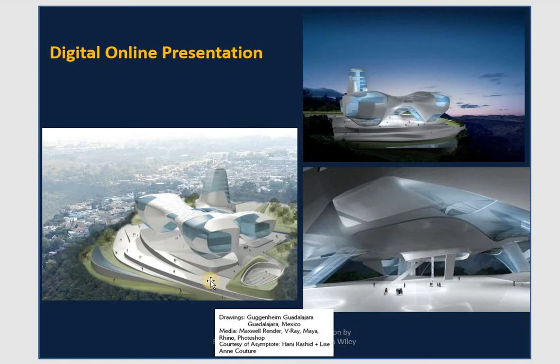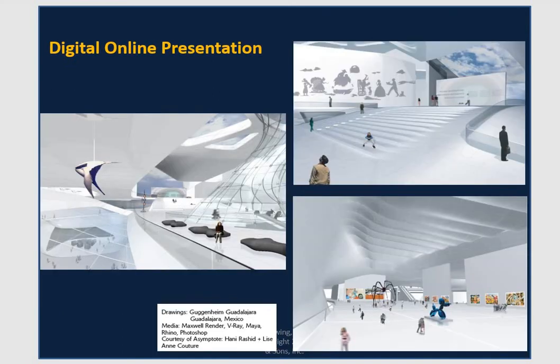When you look at the model, you can see if it's a huge one or a small one, and they have the scale with people in there, and you can assume the height of the building, the shape of the building, and the color, everything they do digitally. And after that they add the view outside to make sure this is what they want to share in the presentation. Same thing on digital. So you can see all of them are very digital.